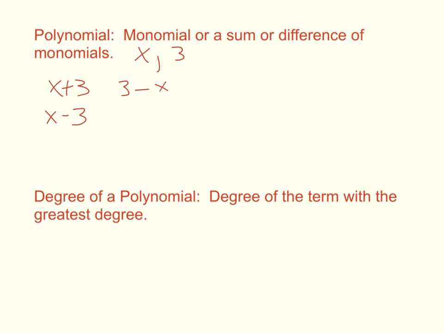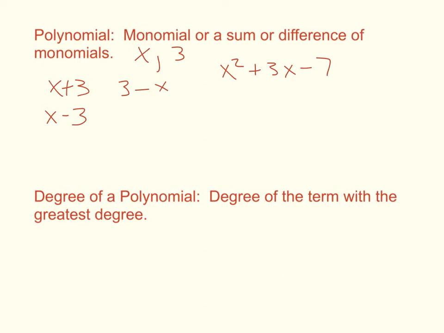Well, we can have lots of different polynomials. So x squared plus 3x minus 7 is a polynomial. It is the sum or difference of our monomials. So we look, x squared is a monomial, 3x is a monomial, 7 is a monomial.